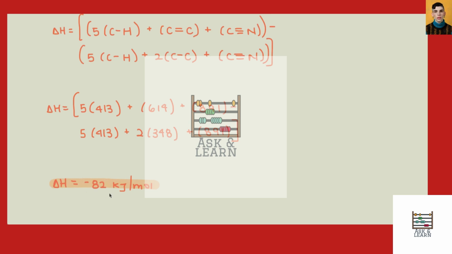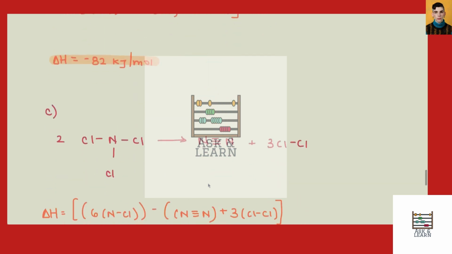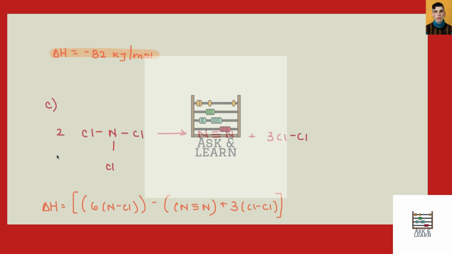82 kilojoules per mole. And now for our final reaction, this is a little bit different because now we don't have an organic molecule. We have 2 of these molecules of a nitrogen bound to 3 chlorines. And this is going to dissociate. We're not adding another reactant into diatomic nitrogen and diatomic chlorine.